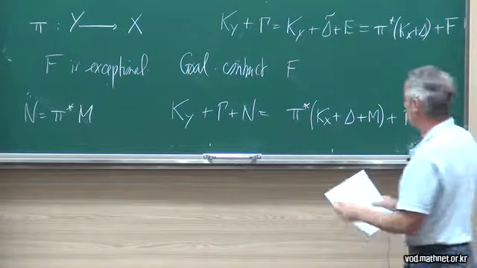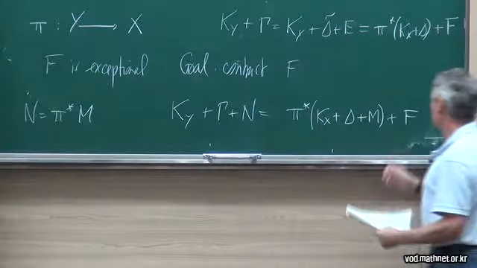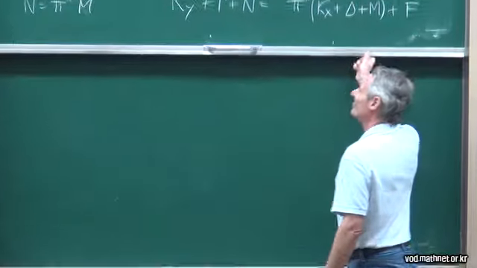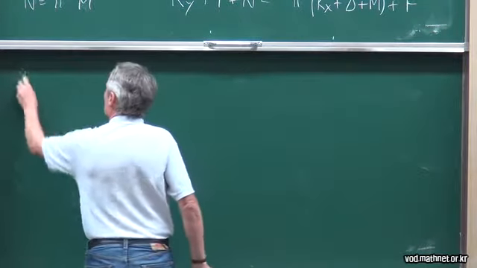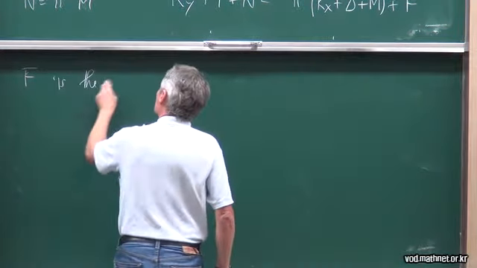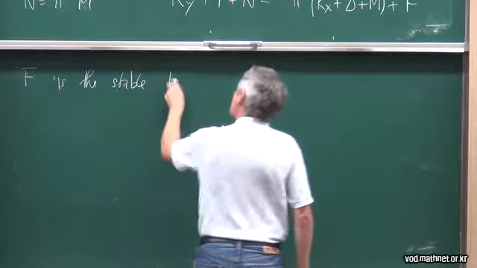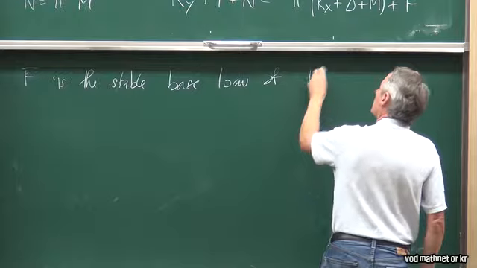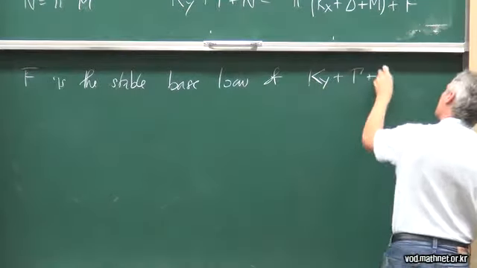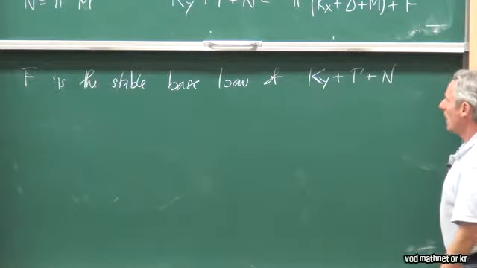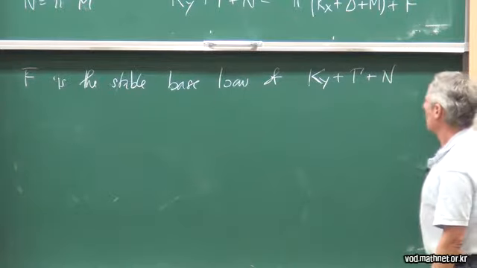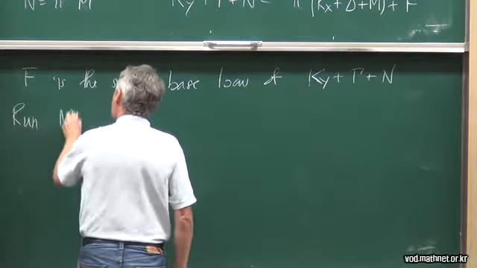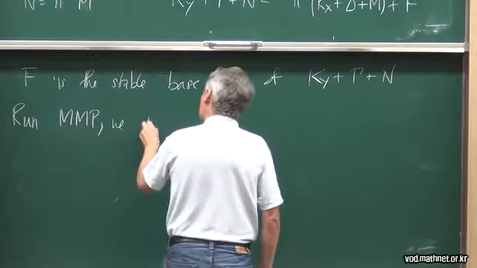And now this is pseudo-effective, and so F is the stable base locus of K_Y plus Gamma plus N. Great. So if we run MMP, we will contract F.